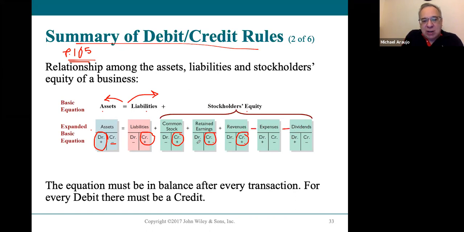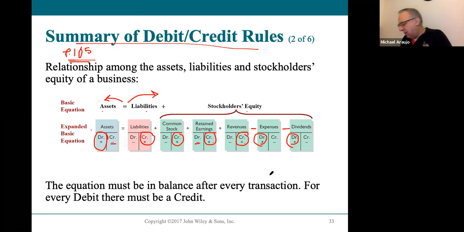To shrink retained earnings requires these to be on the debit side of the account. Okay, so this I like, and this is something you're going to need to look at when we go ahead and actually do some of the exercises here. So keep this handy.